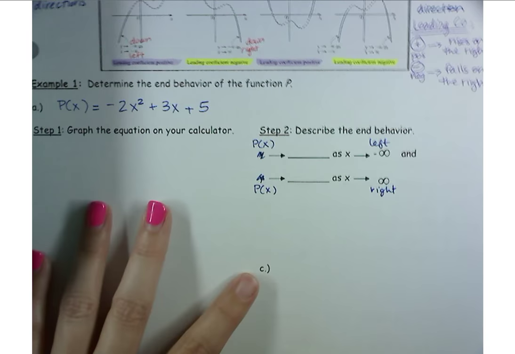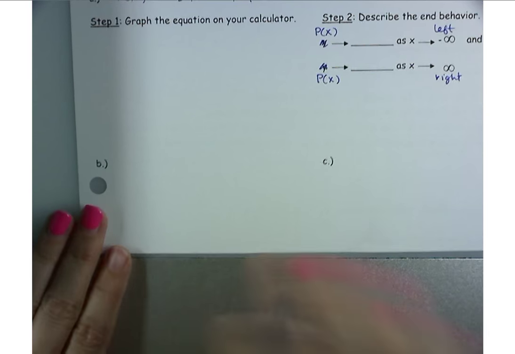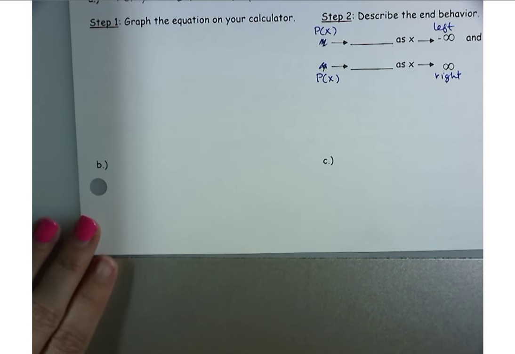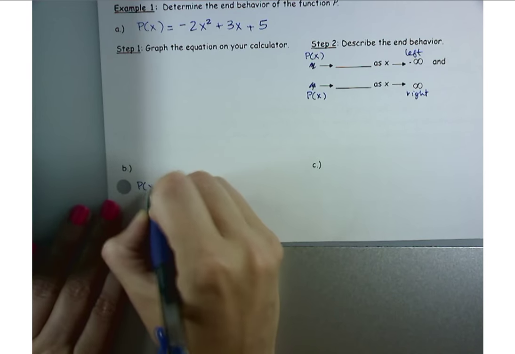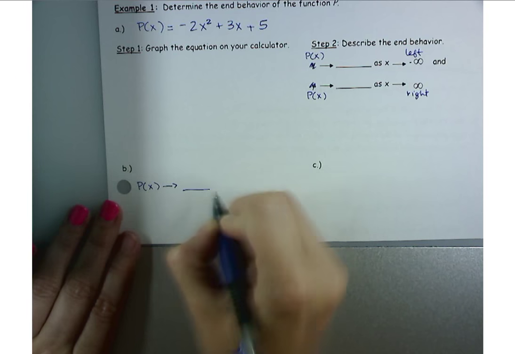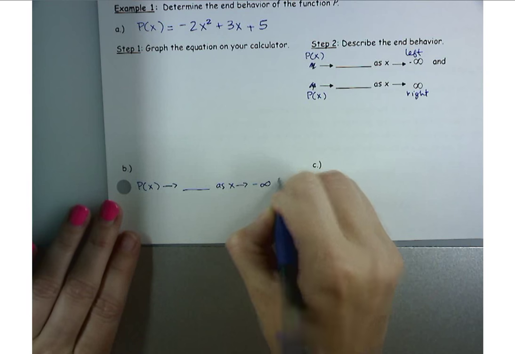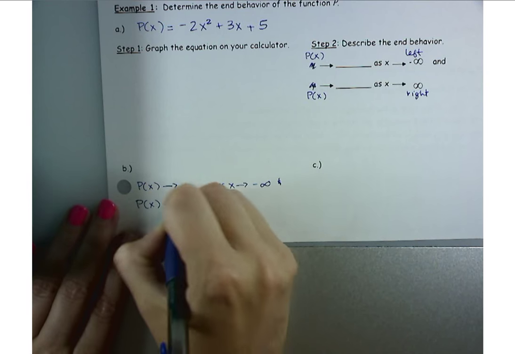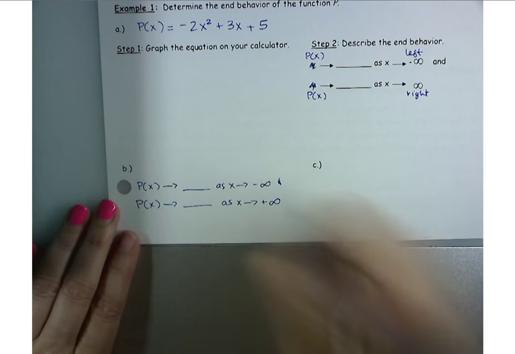Now, whatever p of x is, those could both be up, they could both be down, it could be up and down, it could be down and up. Okay, so that's just going to depend on your graph. So for b and c, even though we don't have our polynomials yet, we already know it's going to be p of x goes to something as x goes to negative infinity, and p of x goes to something on the right side.